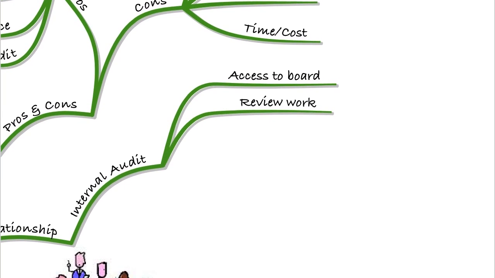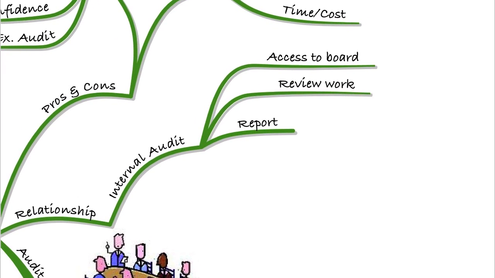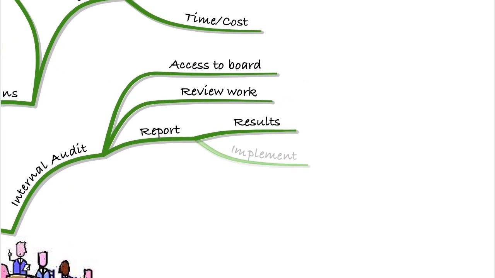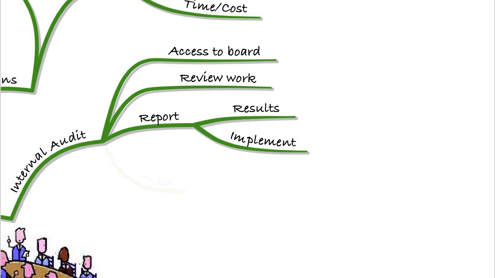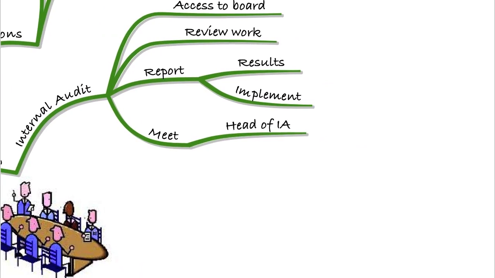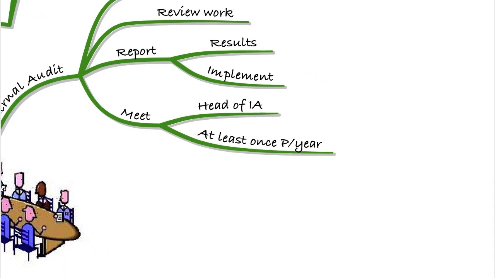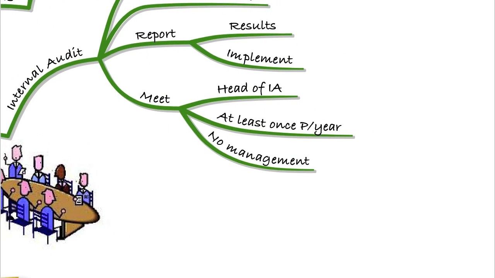Remember, the audit committee will also review the work of internal audit. They will make sure that any recommendations that internal audit make in their report are acted upon. So any results that come out of that should be implemented by management. Also, do note that the audit committee should meet with the head of internal audit at least once per year with no executive management present.